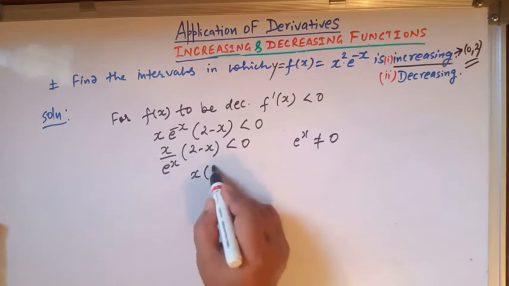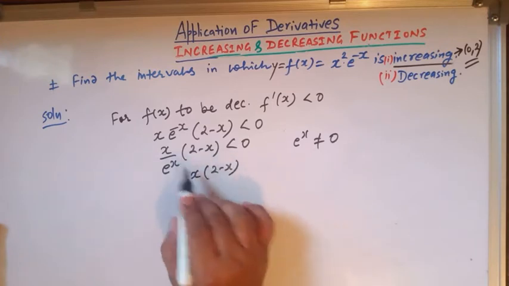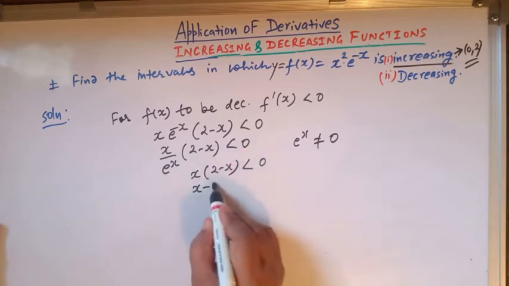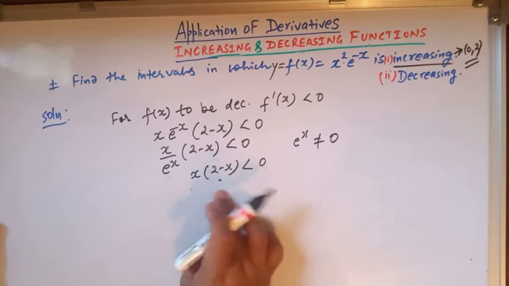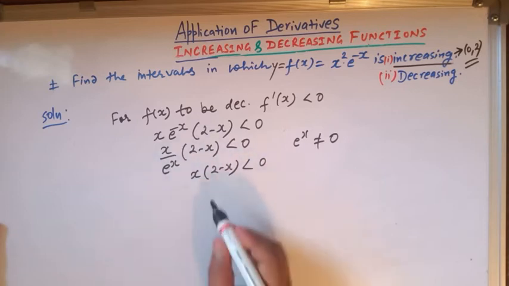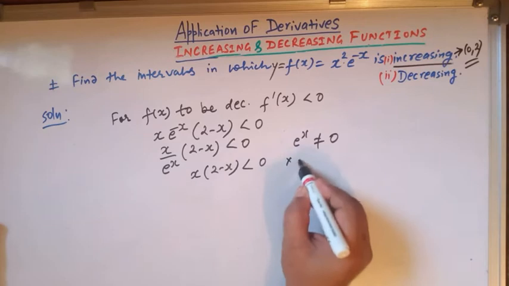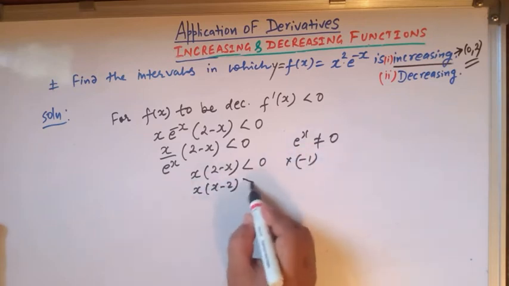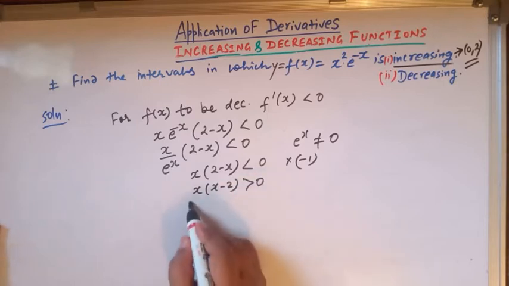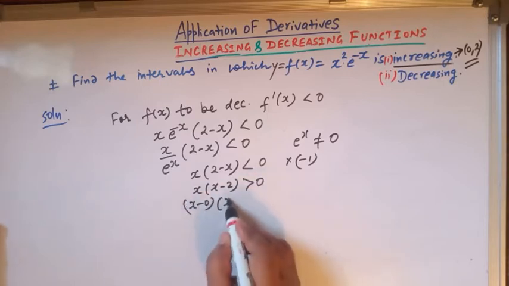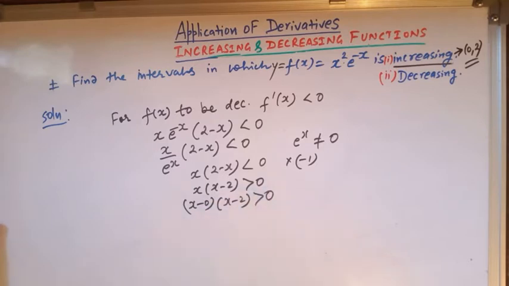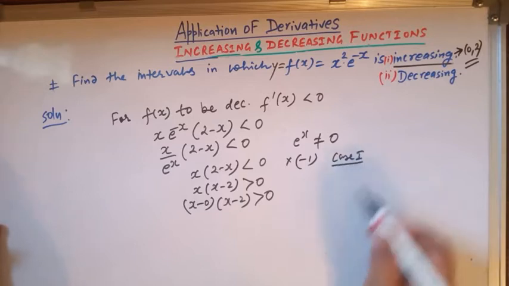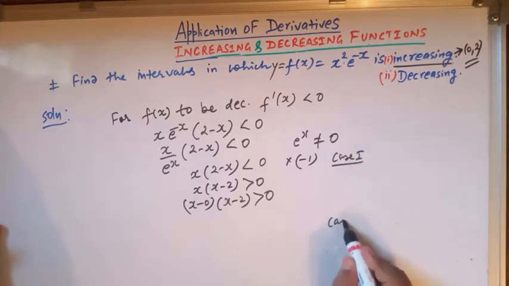So we have x times (2 minus x) less than 0, and we can multiply both sides by a negative sign, or minus 1. So we have x times (x minus 2) greater than 0. This can be written as (x minus 0)(x minus 2) greater than 0. Now viewers, again we will take two cases, case 1 and case 2.